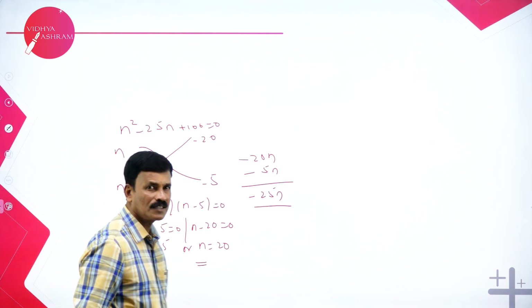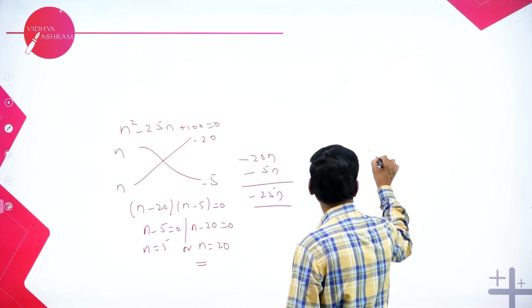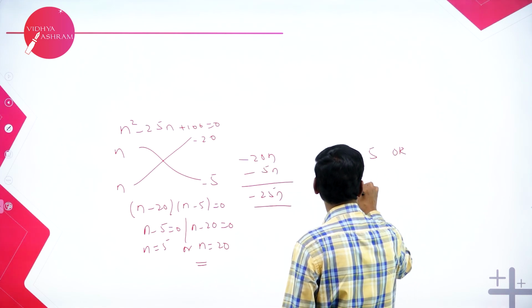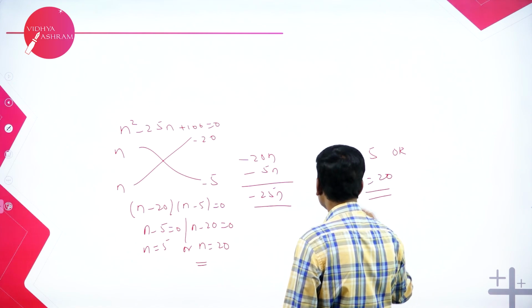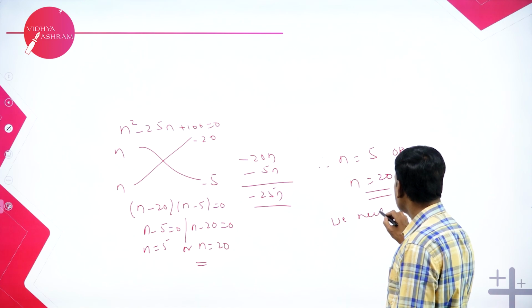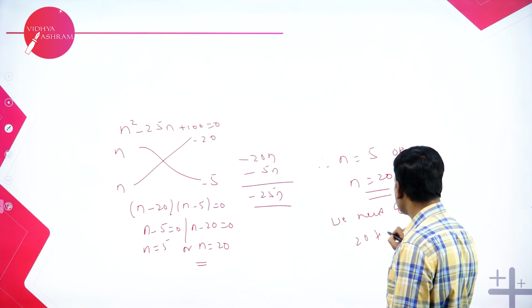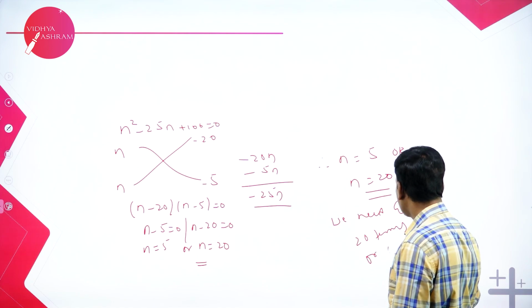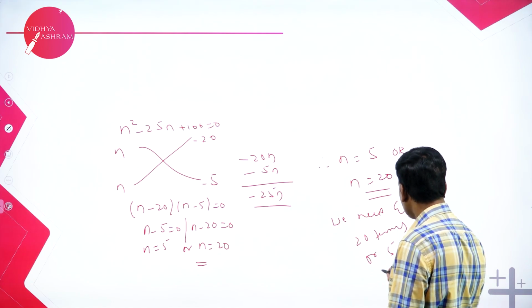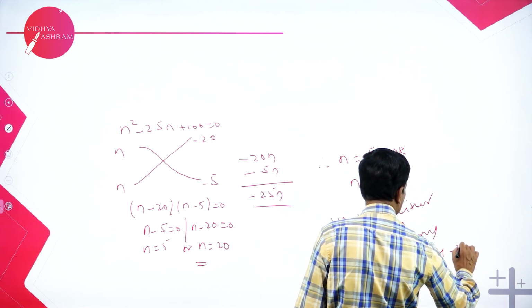Right, okay. So therefore n is equal to 5 or n is equal to 20. That means we need either 20 terms or 5 terms to make the sum as minus 25.